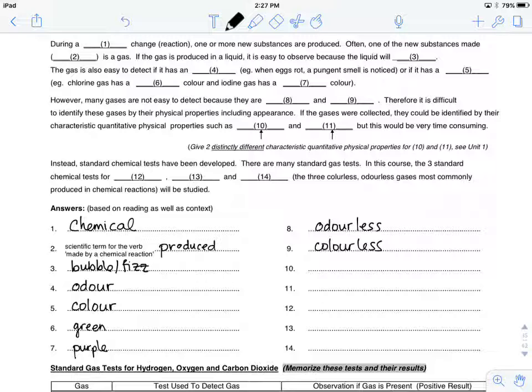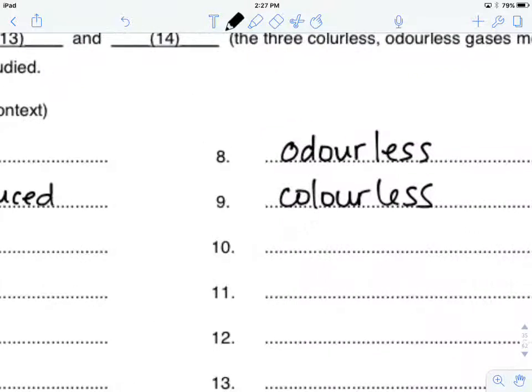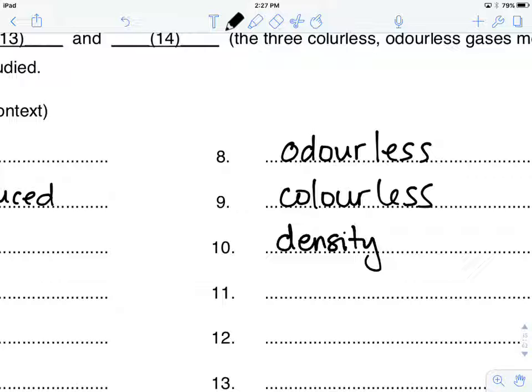So a gas is being produced, it has no color, it doesn't smell, it could be any number of things. We could identify them if we collected them, based on their density. We looked at that in our first unit.